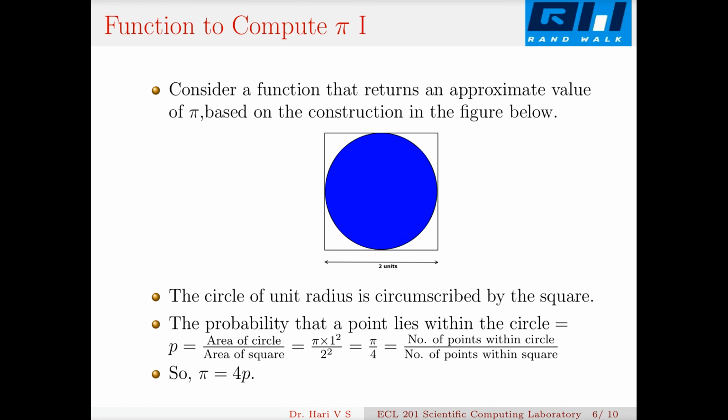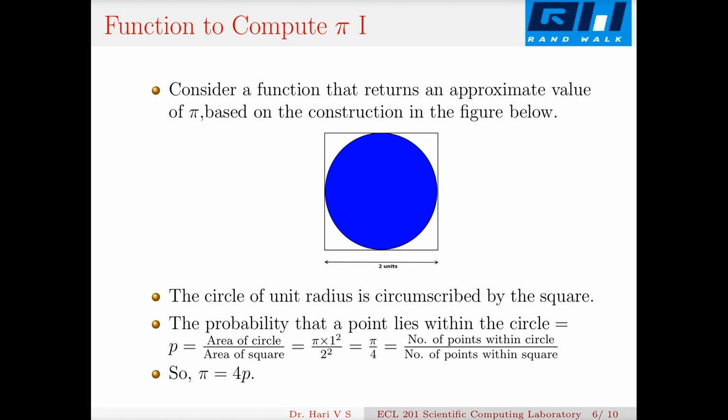So the probability that a point lies within the circle, so all the points inside the circle, they are marked blue. So what is the probability that a point lies inside the circle? That is area of the circle divided by area of this rectangle. So you can compute probability by taking the ratios of area.